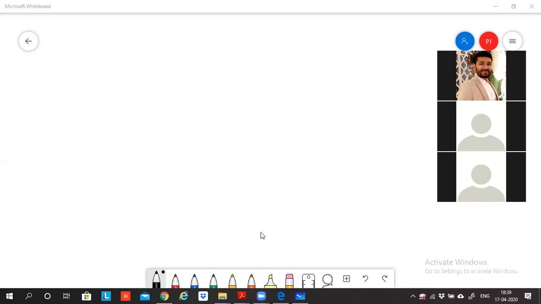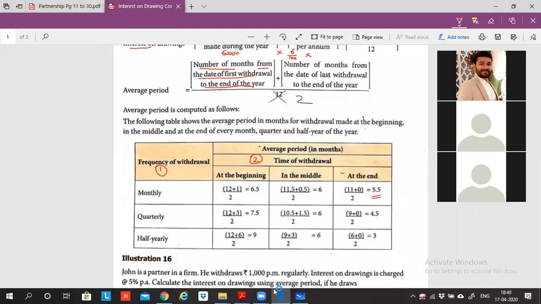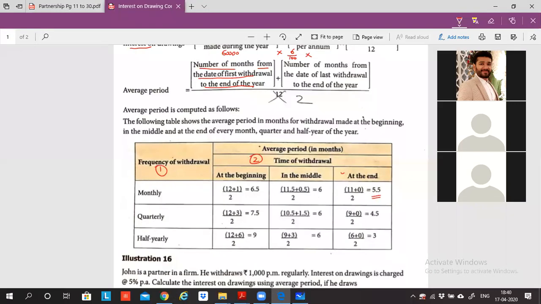Now, what is the formula of average period given in that PDF, guys? It says: number of months from the date of first withdrawal to the end of the year.